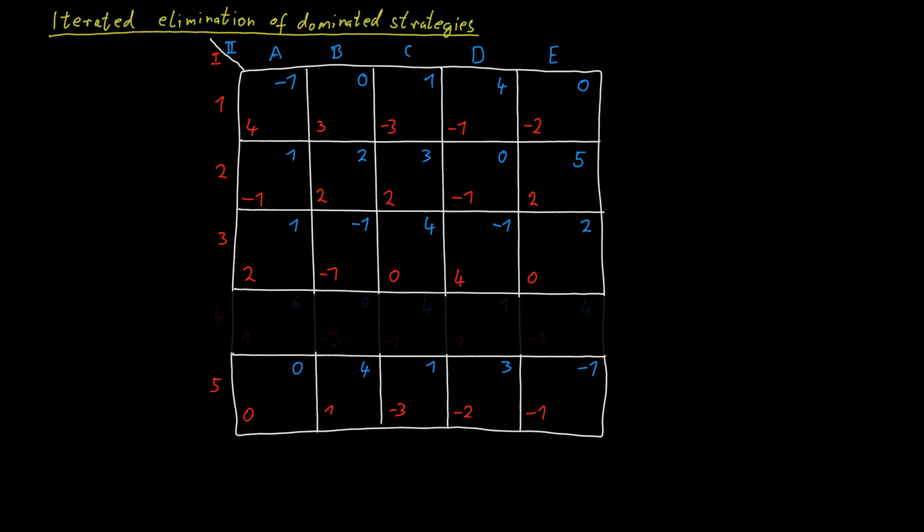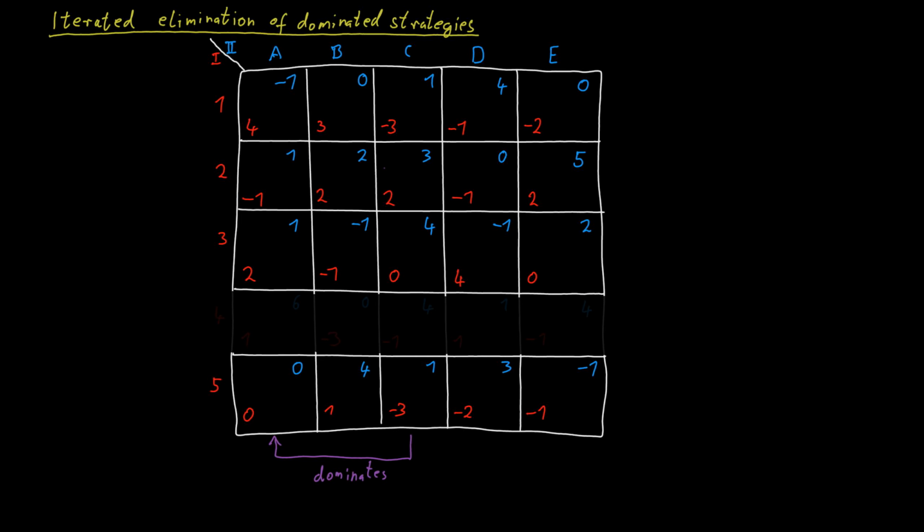Now, once again, you can pause the video here and see if you can spot any dominated strategies in this new smaller game. In this new game, strategy A of player 2 is dominated by strategy C. And again, we can check this.